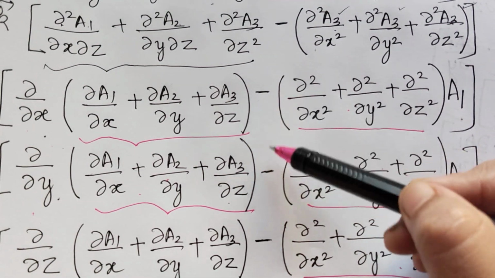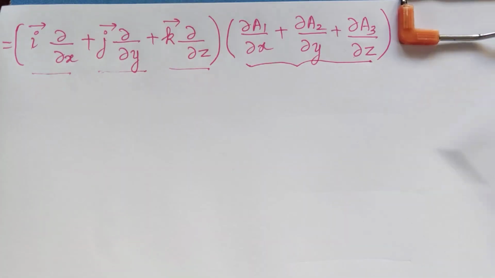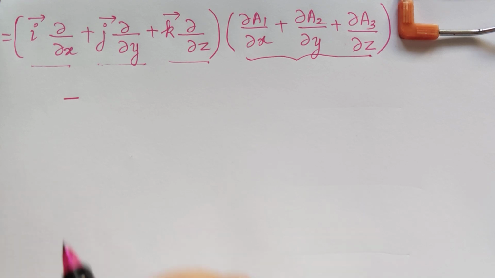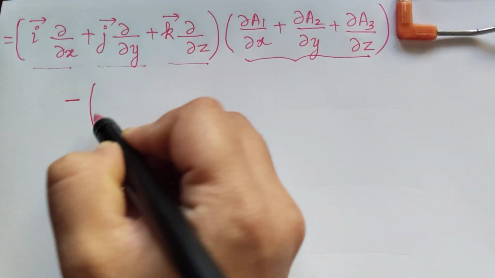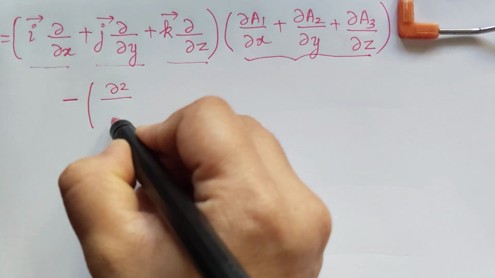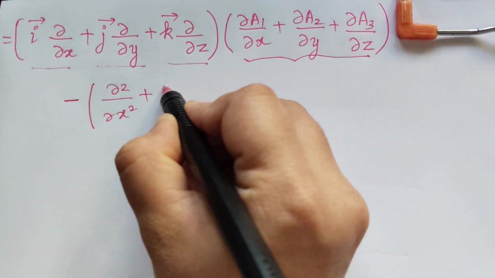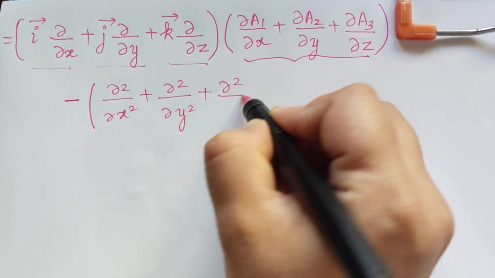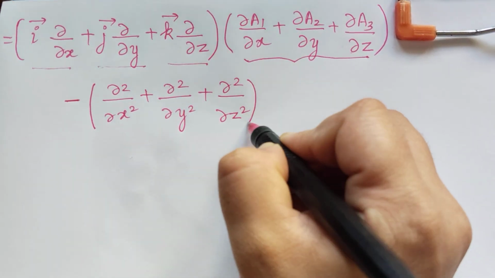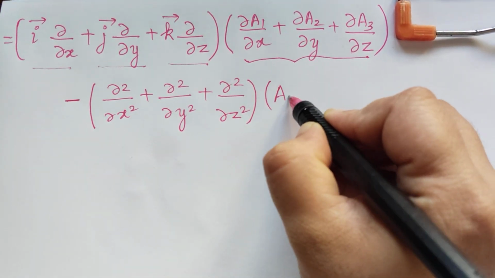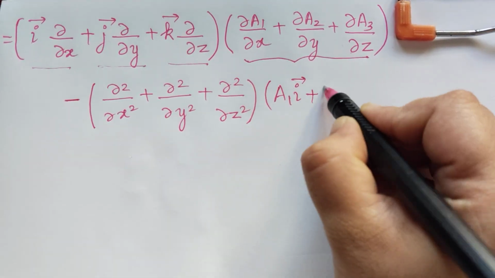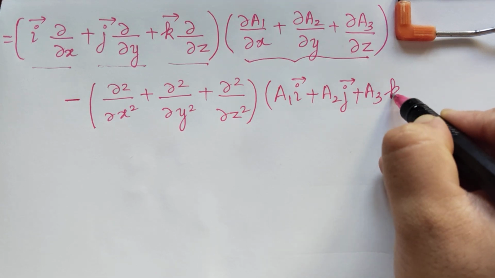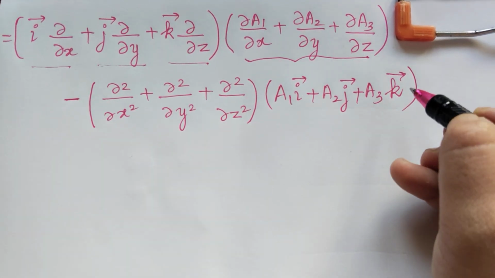Also we have the negative sign in common in all the three terms, and this can be rewritten as minus of ∂²/∂x² plus ∂²/∂y² plus ∂²/∂z². And in common we will be having a1 i vector plus a2 j vector plus a3 k vector. So this is what we get.